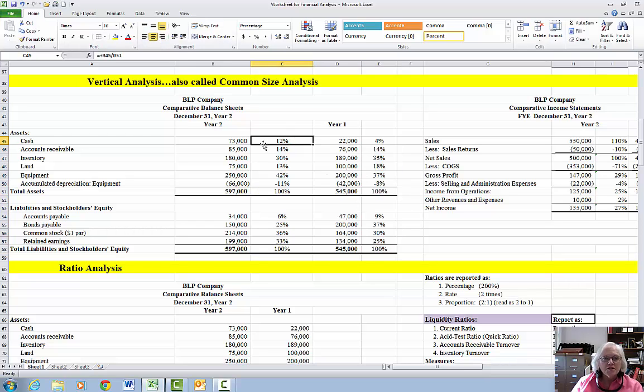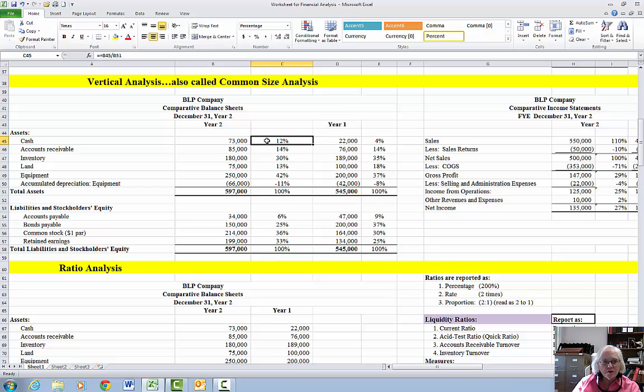All right, so what we're going to do is take each number on the balance sheet as a percent of our total asset number. Notice that your total asset is 100%. Total liabilities and equity is the same number, so it's 100%.